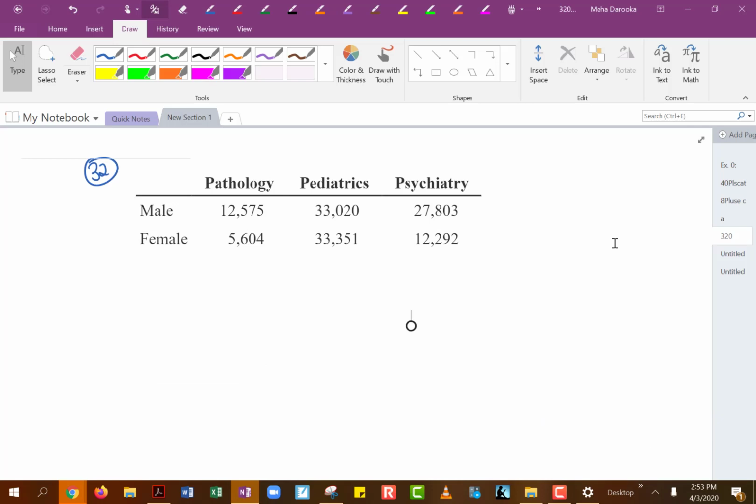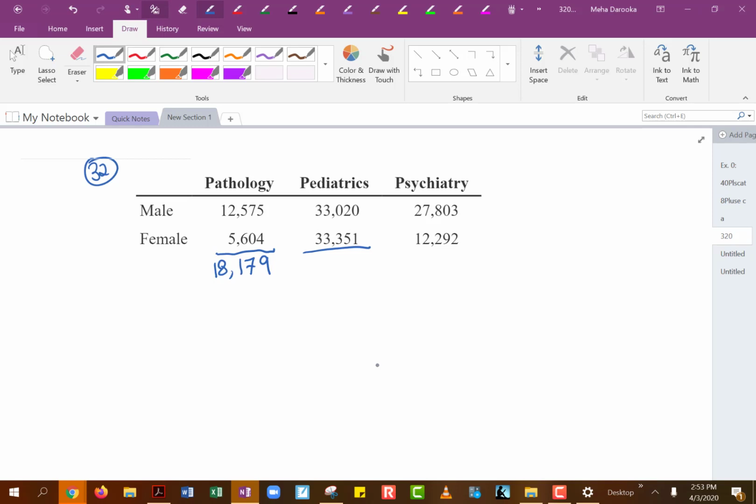All right, guys, as you can see, I was just copying that table over here so we can take a look at these. The first thing we're going to want to do is add up all our columns and our rows. So let's start with pathology. That will end up adding to a total of 18,179. Then add up your pediatrics column.